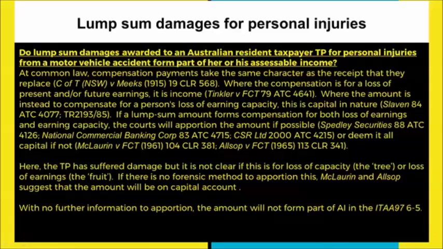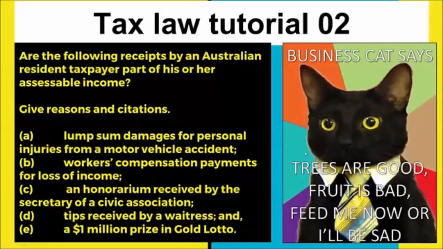So now, looking at the subject matter, here we're looking at this really important distinction between replacing a capital asset, being one's body when we get injured, or compensating for loss of current and future income.